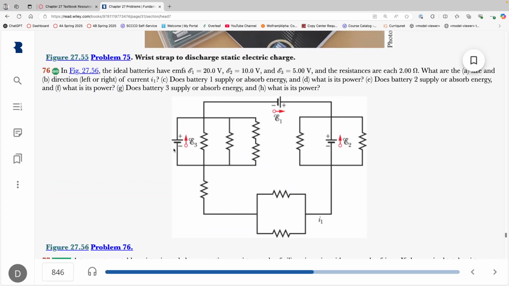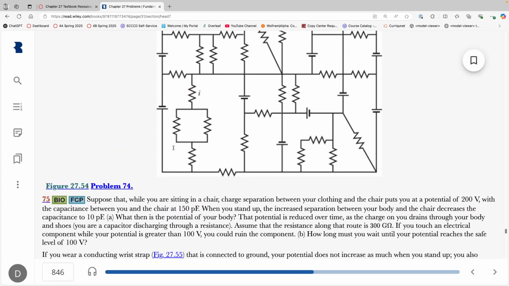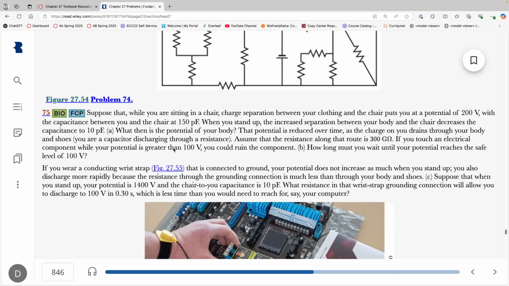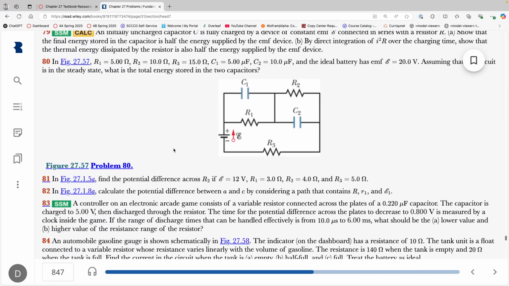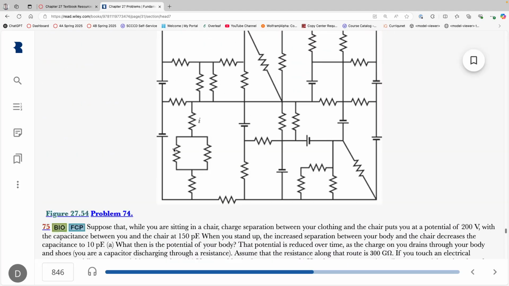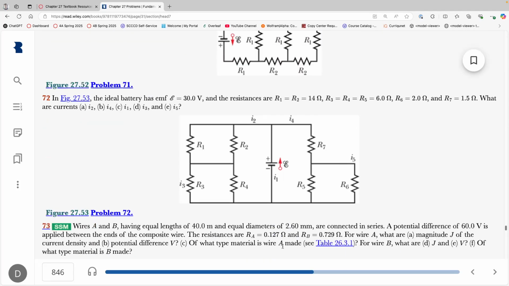Can you go back up to the one you were just talking about? Keep going. That one. Wouldn't R1 and R3 be in parallel because there's a junction between them? R1 and R3?